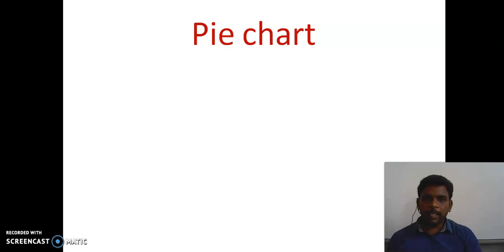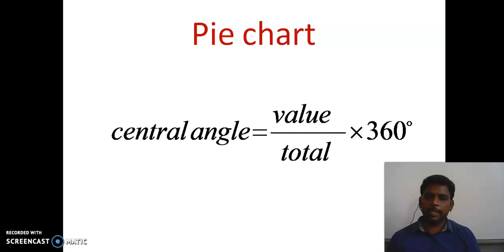For that we need one formula, the central angle. The central angle is the value divided by the total, multiplied by 360 degrees, right? Why 360 degrees? I already told you that we are going to represent the data inside the circle, which is called a pie chart. What is the total angle of a circle? It is nothing but 360 degrees, so we mention 360 degrees here.